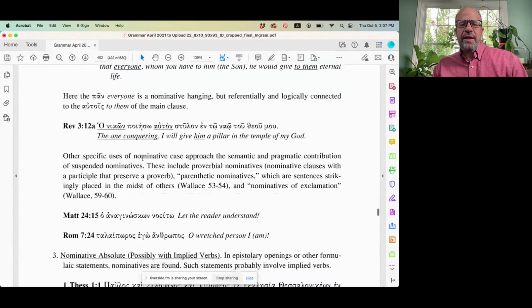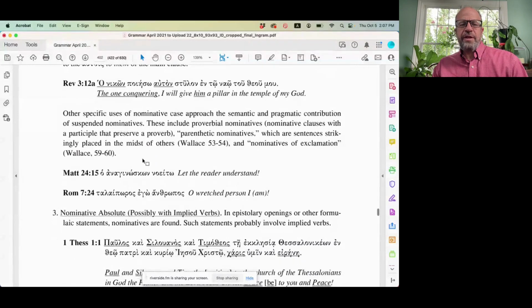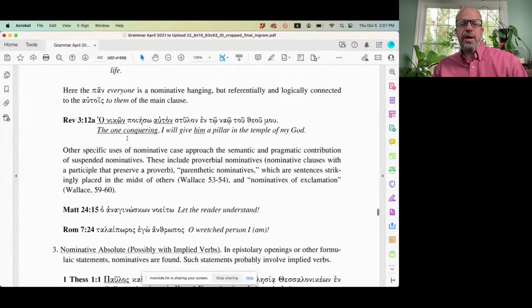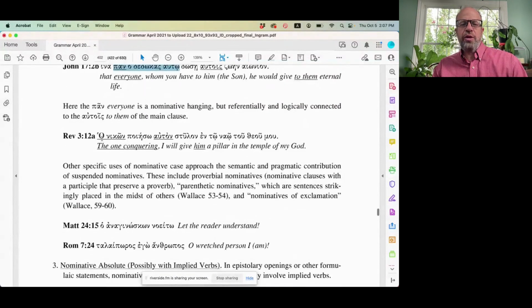Now, another example, probably a better example here, is ho nikon, the one conquering. Here you have a substantive participle, nominative. This is kind of suspended, and then it's picked up with the trace autō: I will make him.